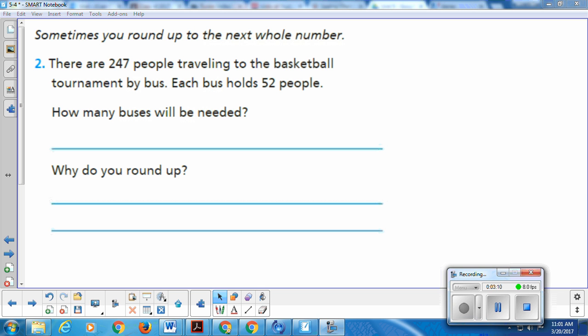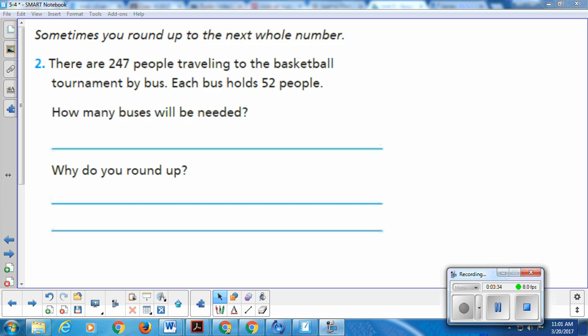So in order to solve this problem, everybody has to be on a bus. Okay? We can't have any leftover people. So if we have any leftover people, that's a whole other bus. So we have to add that number to our quotient.